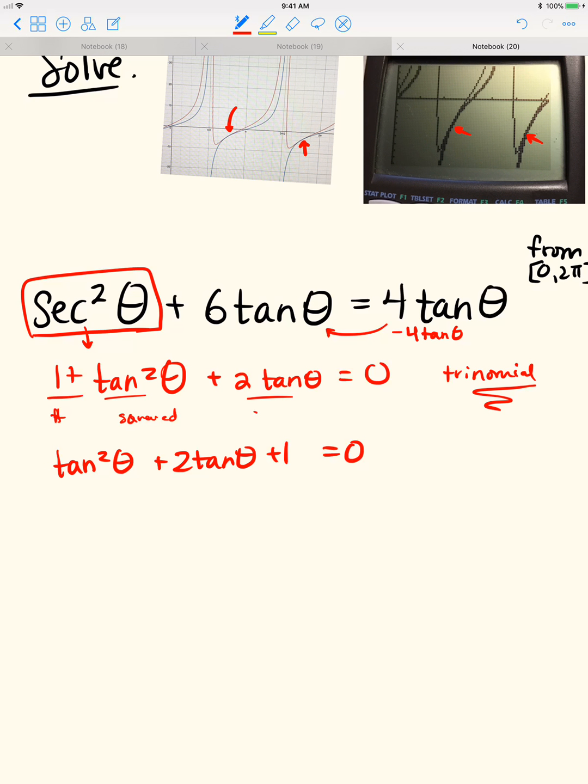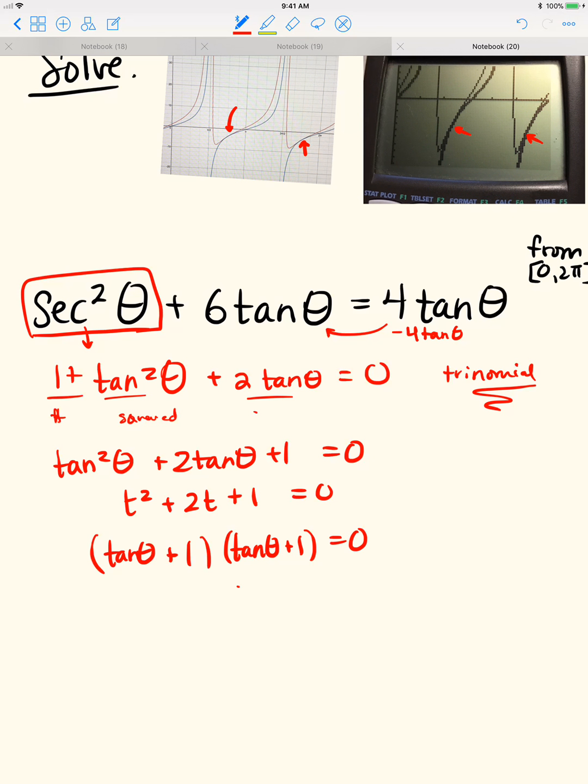And again, if you need to think of that as like tangent squared plus 2 tangent plus 1 with t's, because your brain factors that easier, feel free. So that would be a tangent times a tangent, or t times a t. 1 and 1 would give you 1, and everything is positive, so both of these would be plus.